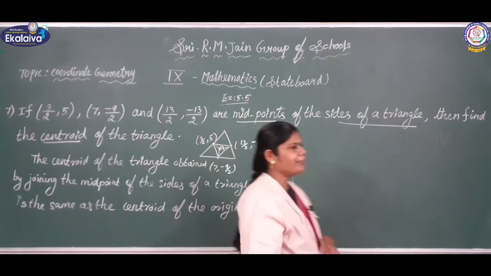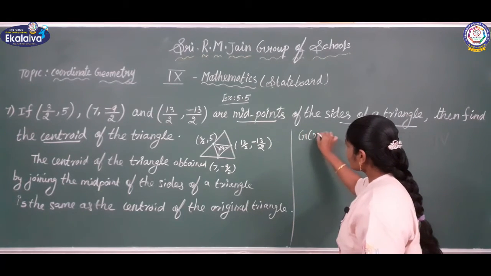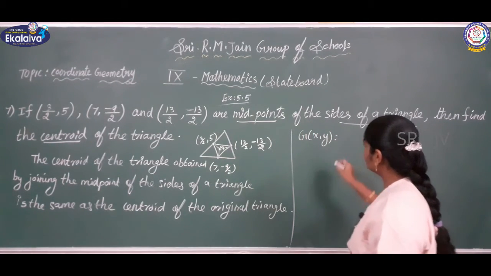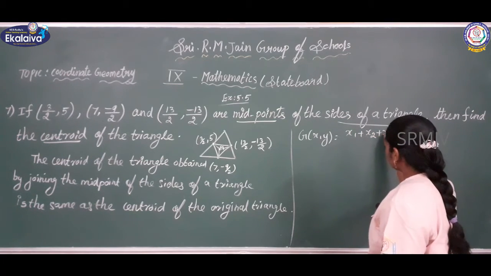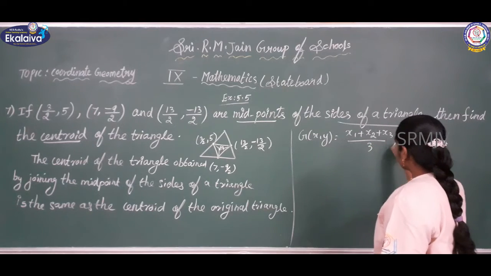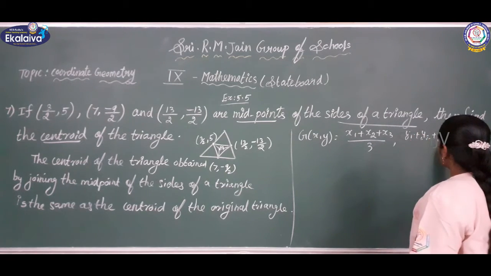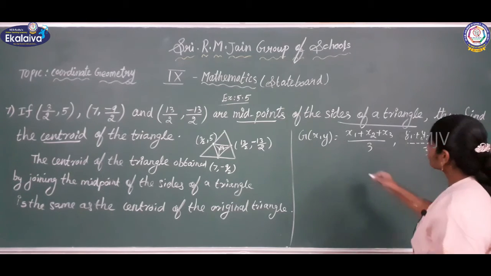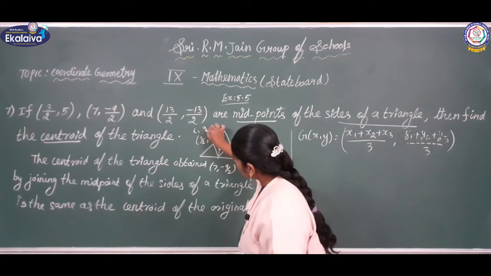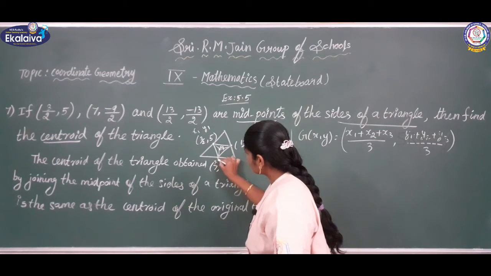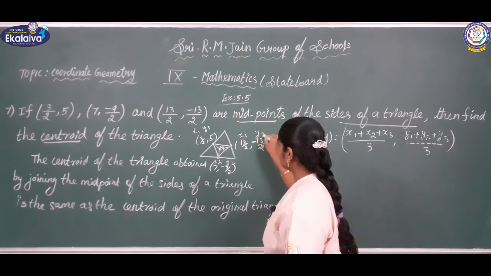Okay. So what is the formula for finding the centroid? G of x comma y equal to (x1 plus x2 plus x3)/3 comma (y1 plus y2 plus y3)/3. Okay. So this is x1, y1, x2, y2, x3, y3.